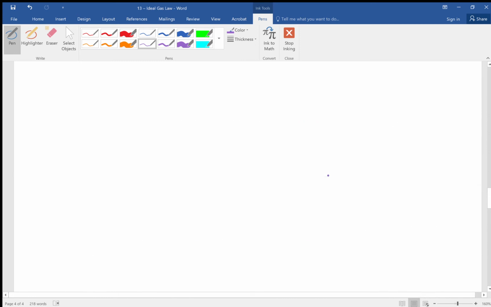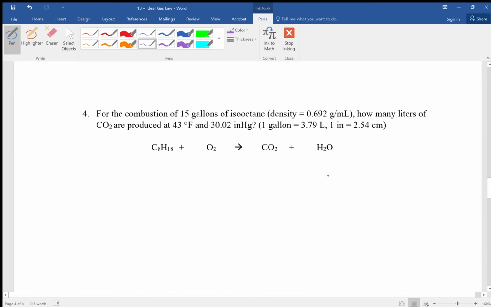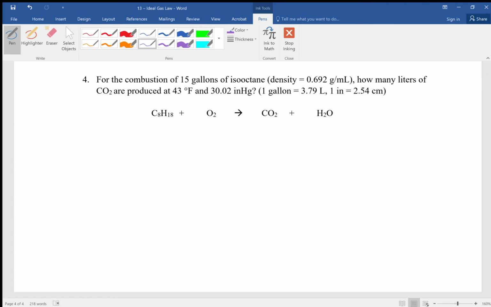All right, now let's go back up to number 4. And the reason I saved this one for last is there's quite a bit involved in this problem. So take a moment and think about exactly what concepts you need to use to determine how to go about doing this problem.